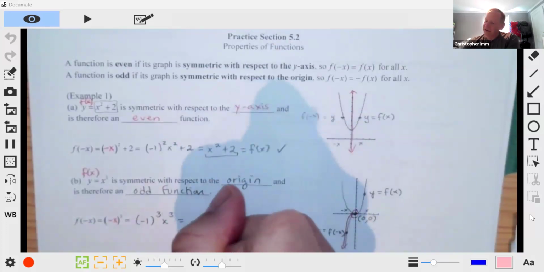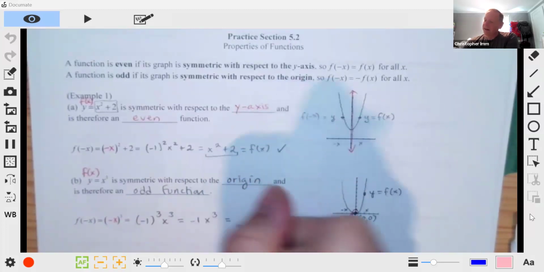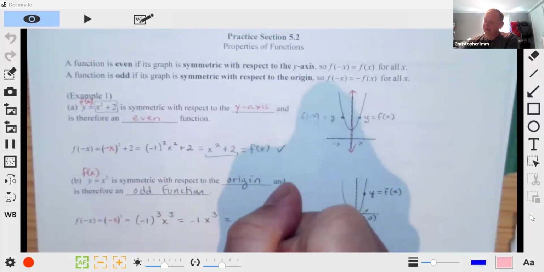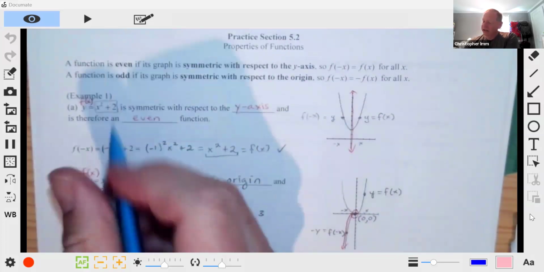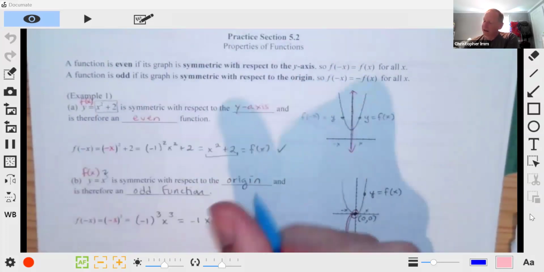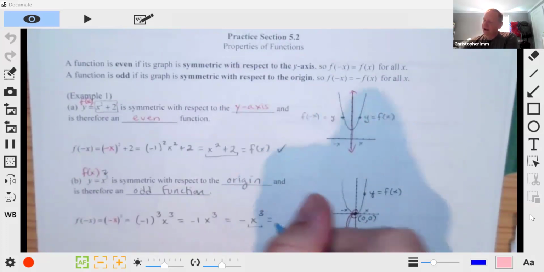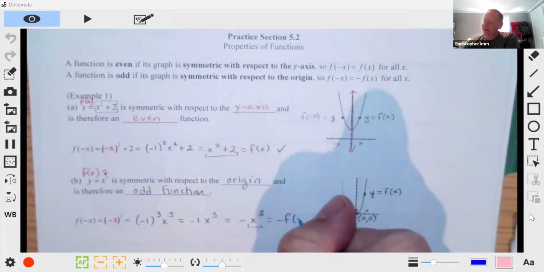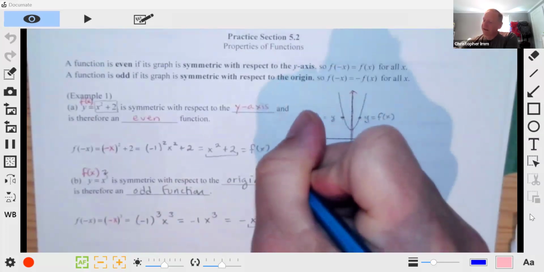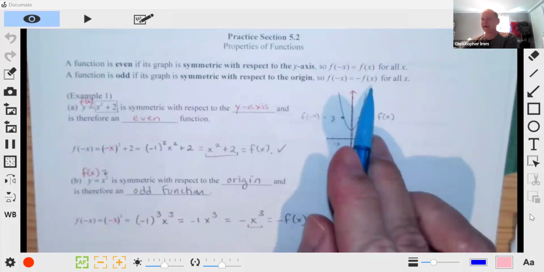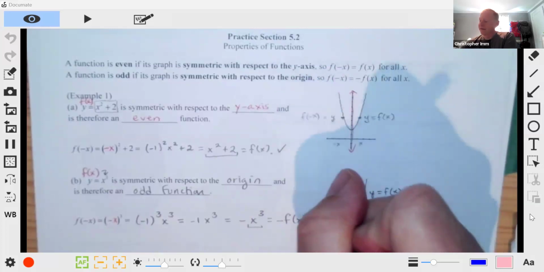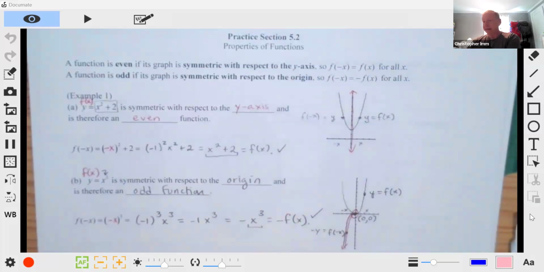That's a -1 times x cubed, or the opposite of our original function. So notice our original function here was x cubed. This is the opposite of that function. So if we have f of negative x is equal to negative f of x for all x, then we've just proved algebraically that that's going to be an odd function.